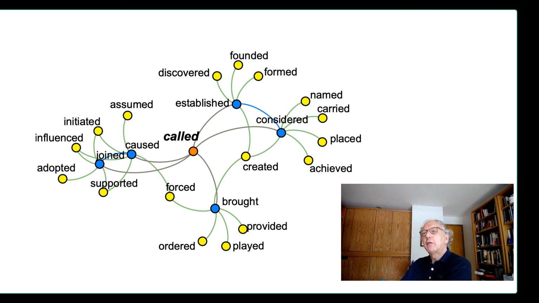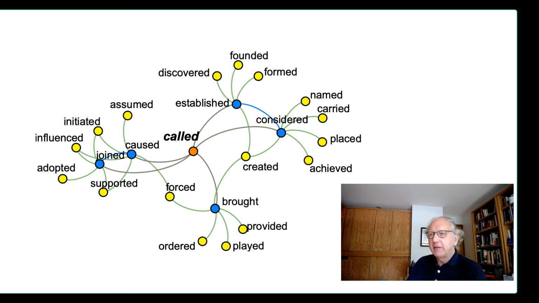And then for each of those 5 words, I asked, what are your closest words? And you see them here. Established has those, well, you see, discovered, founded, formed, created, and considered. In any event, this is 2 generations of nearest neighbors.